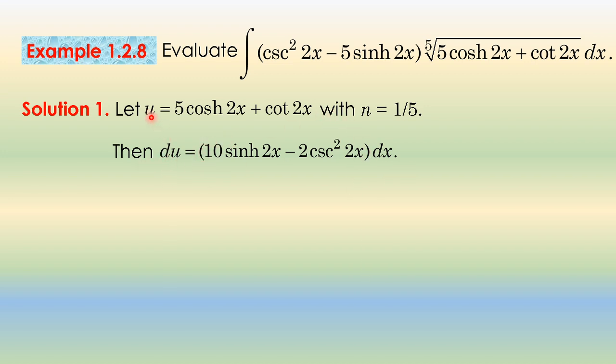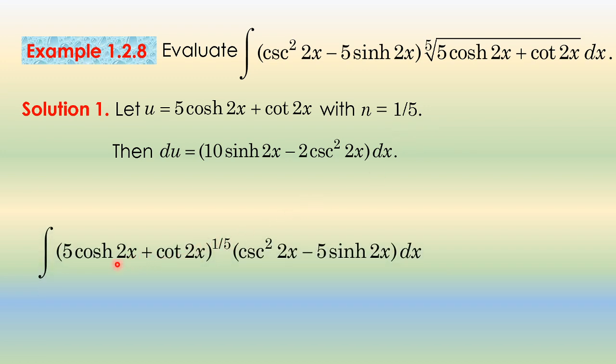So that's the differential du. So this is u to the n, but unfortunately, again, this is not du. So let's fix this. We want to form this one, so we have to divide this by negative 2. If we divide this by negative 2, this becomes positive.